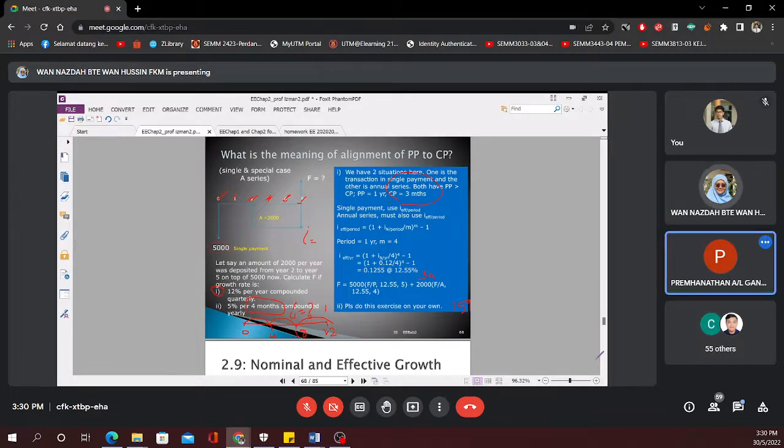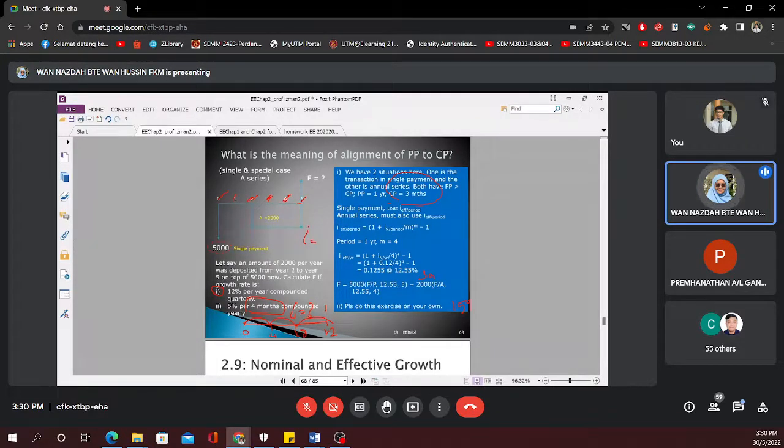Doctor, for number 2, 5% for 4 months, if we find the I effective, our M equals 3, right? Well, you do not need to determine I effective for this one because it is given to you: 5% for every 4 months.